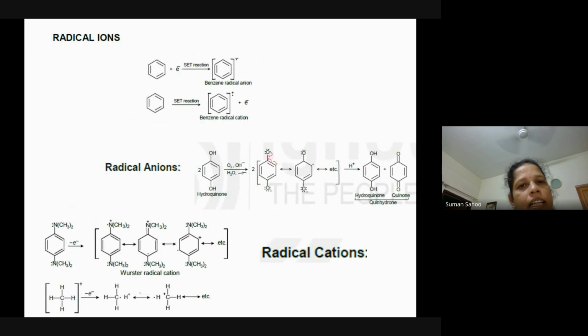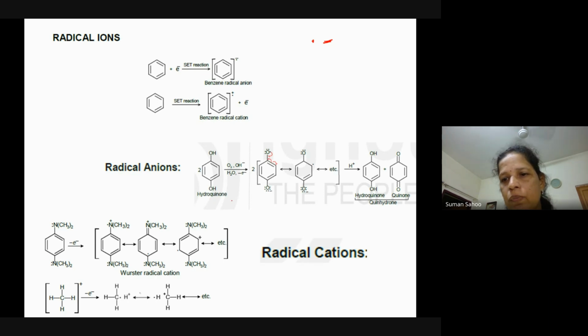Then comes your radical ions. Radical ions means you have a charge as well as a radical. So you have two types of radical ions. You can have radical anions or you can have radical cations. So in case of radical anions, suppose you just see this hydroquinol.